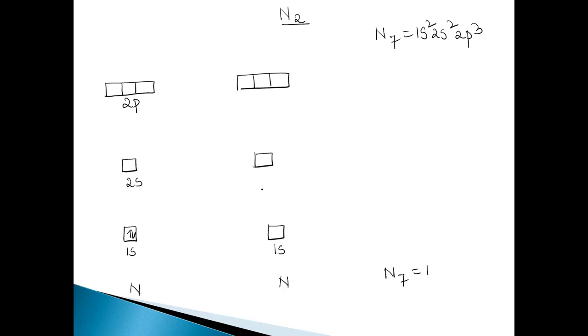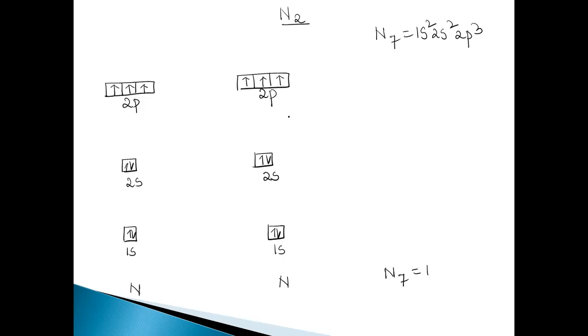Let me fill all these orbitals with electrons. So 1s2, this is 2s2, and all singly occupied here according to Hund's rule. So this is also the same thing, according to Hund's rule, the 2p orbitals are singly occupied.